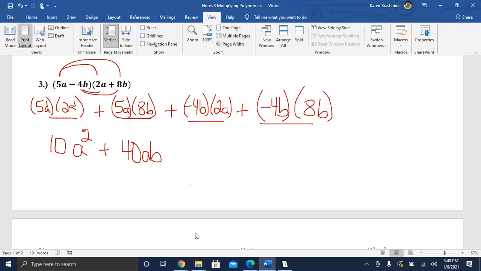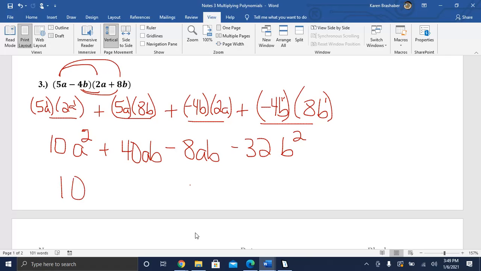Now I have a negative 4 times a 2. That's going to be negative 8. And I have a b and an a. I can write that as ab as well, and that helps me see that it's a like term. And then I have a negative 4 times a positive 8. That's negative 32. B to the first times b to the first. I'll keep the b and add the exponents.